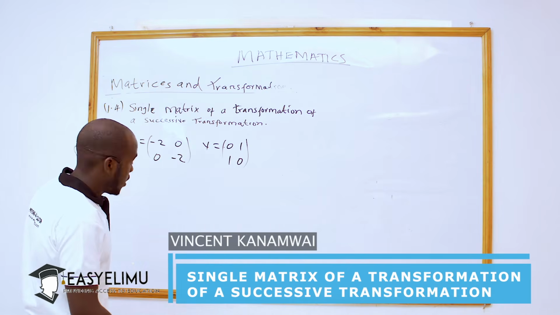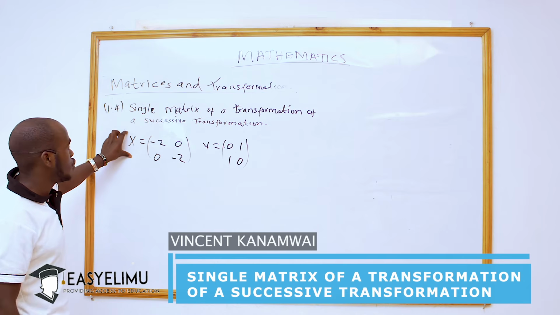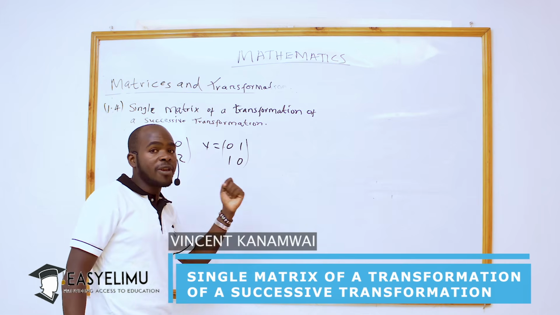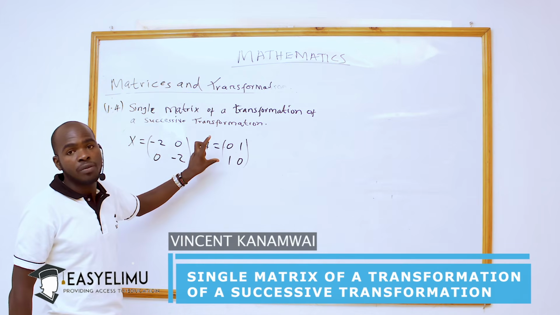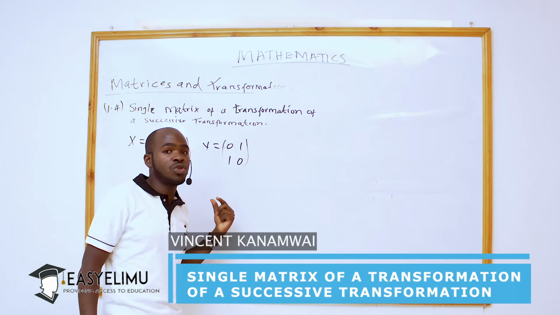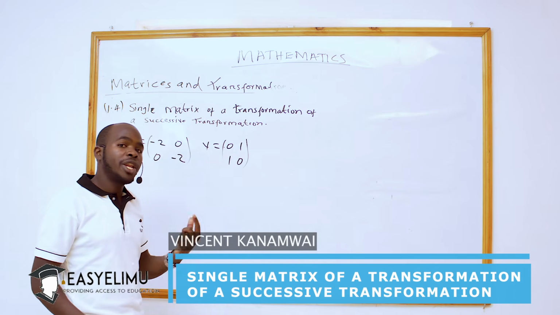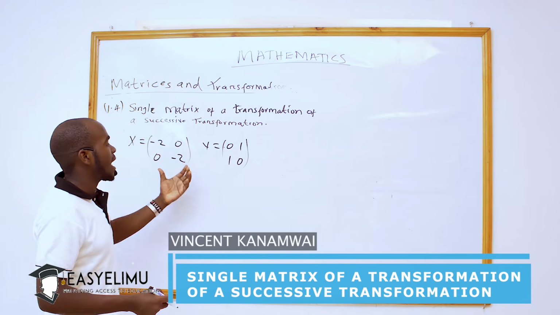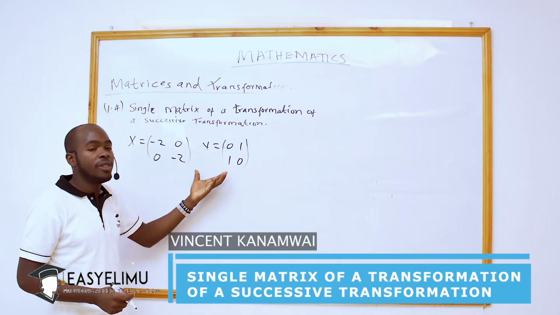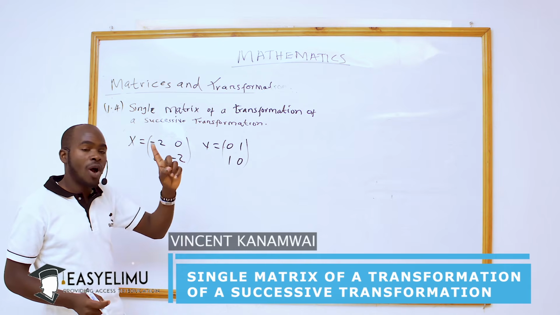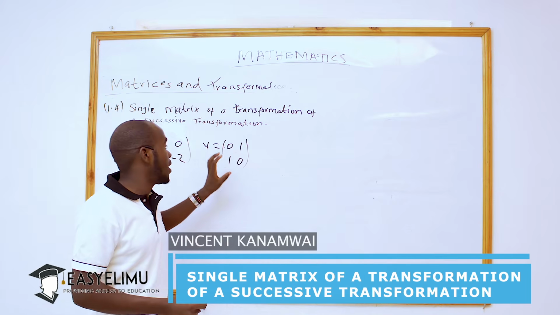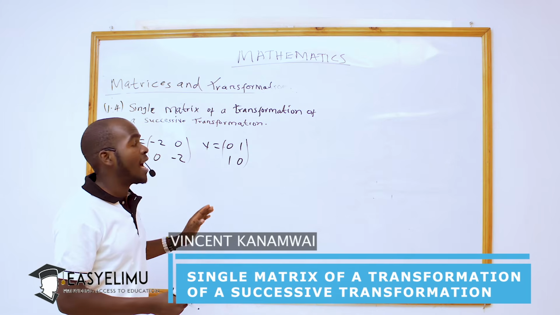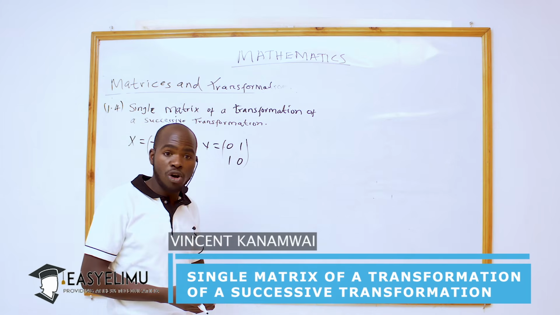Now, let's say these are our two transformations, x and y. We have seen in our previous session how we can use them to transform a given object. Now we need to find a single matrix that can represent the two of them as one, and transform a given object to find the same result as transforming each of them on that object.